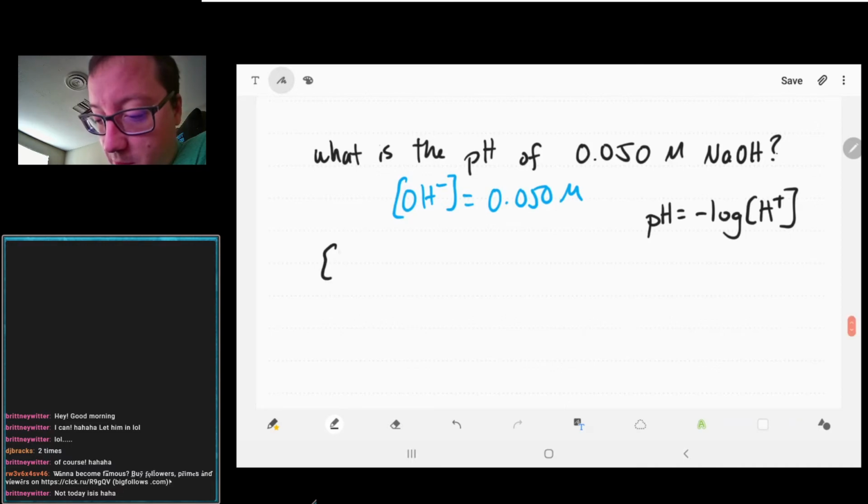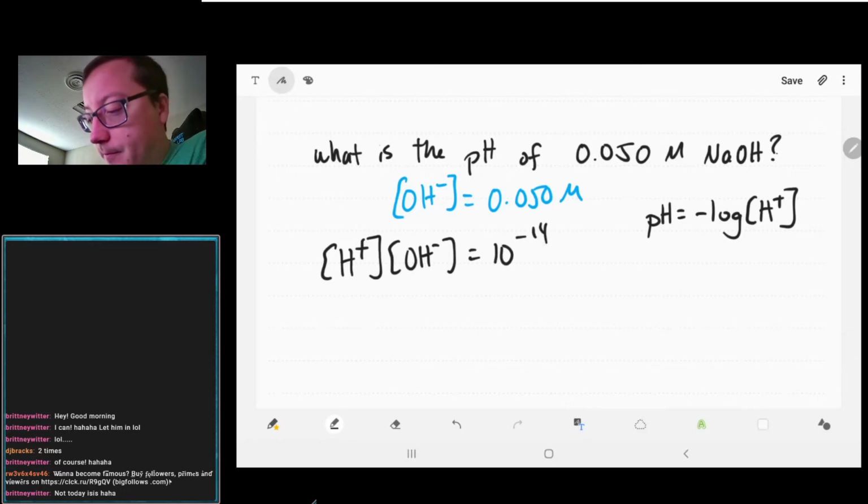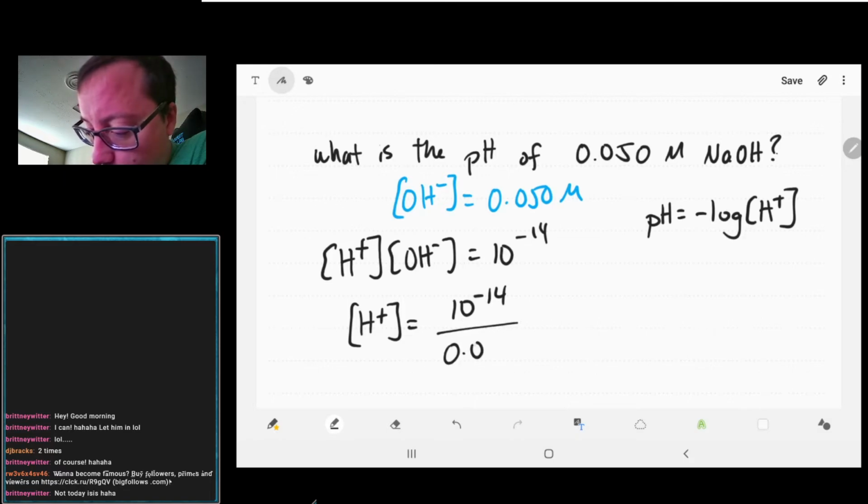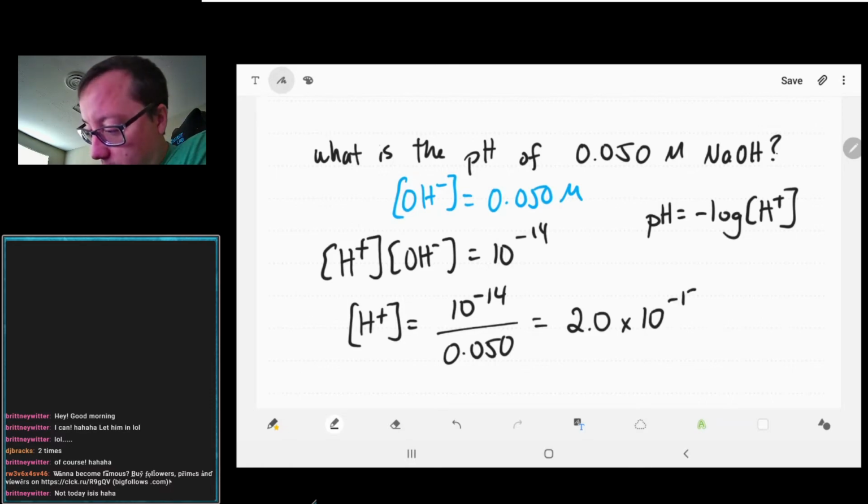Remember that H plus times OH minus is always 10 to the minus 14. So in this case, our H plus concentration is going to equal 10 to the minus 14 divided by 0.05. And that's going to be 2 times 10 to the negative 13.